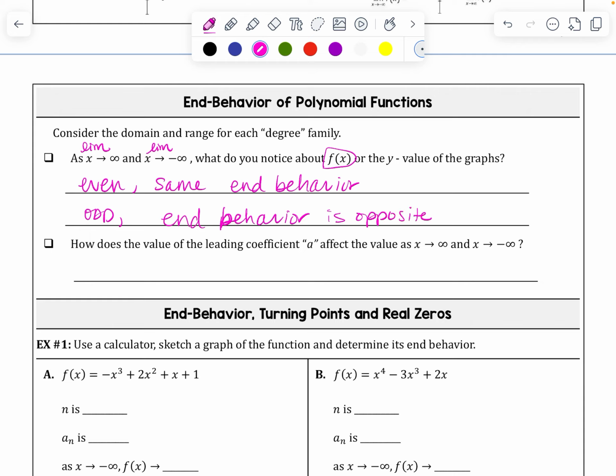How does the leading coefficient a affect the values as x approaches infinity and x approaches negative infinity? That if a is less than 0, aka negative, we know that the end behavior directions change.